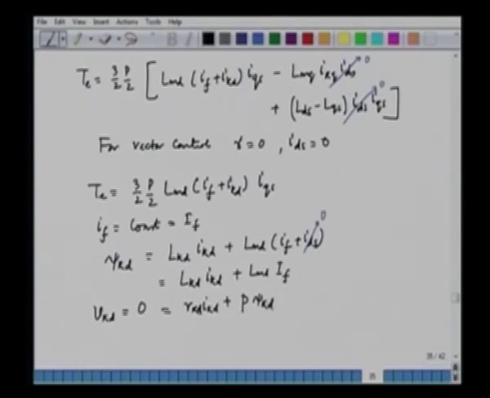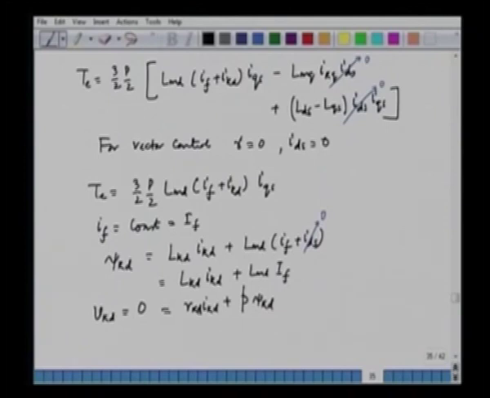And what is this psi KD? Psi KD is LKD IKD plus LMD into IF. IF is constant, so the derivative of a constant quantity is equal to 0. The small p here signifies d by dt, the derivative operator.